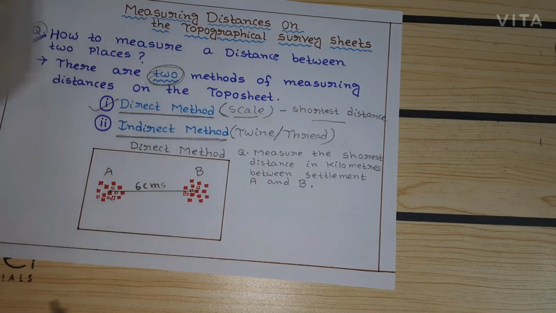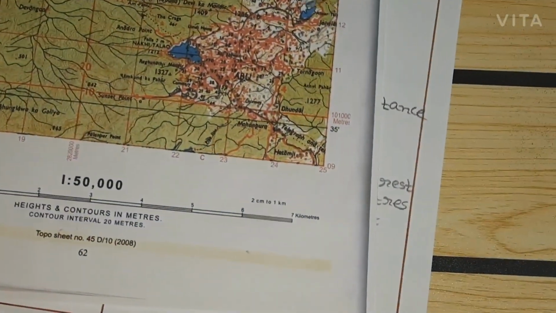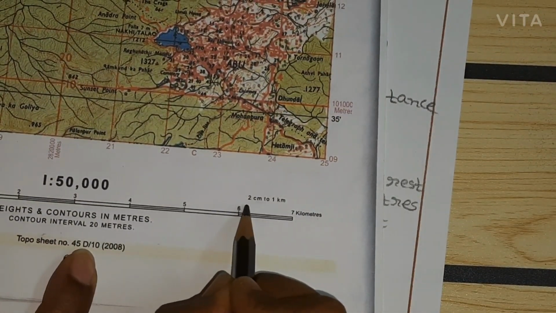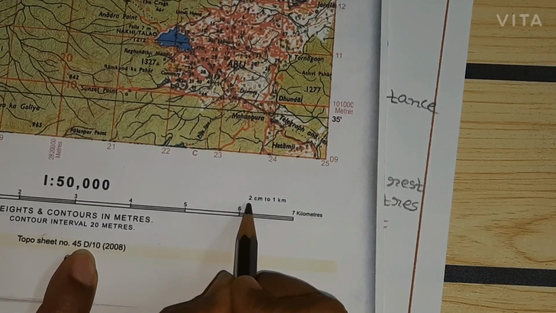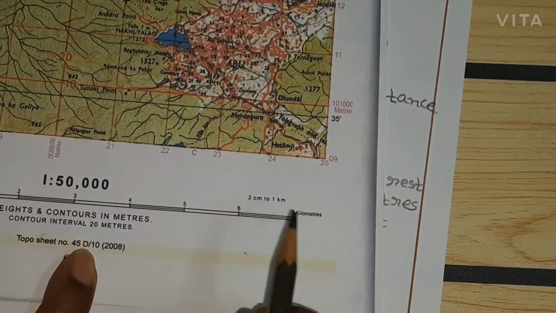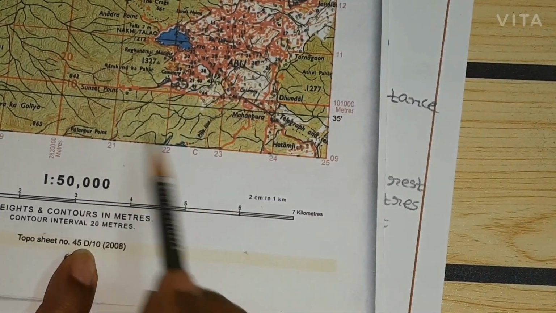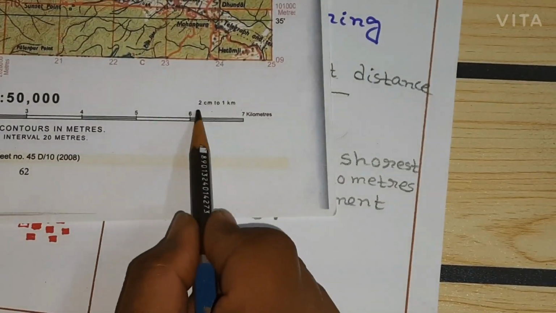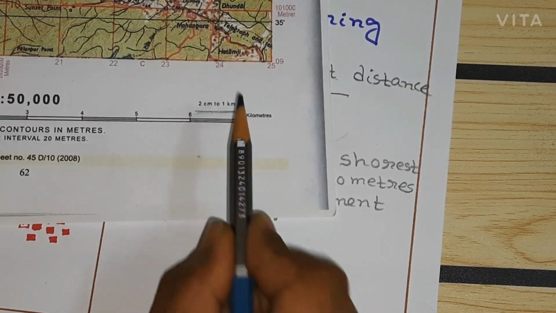Firstly you need to look at this statement scale. So what they have provided in this scale: 2 centimeter to 1 kilometer. It means 2 centimeter on the map is representing 1 kilometer on the ground. Okay, so this is our scale. So we will use this scale to do the calculation.